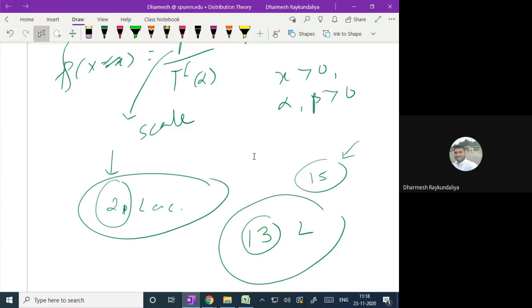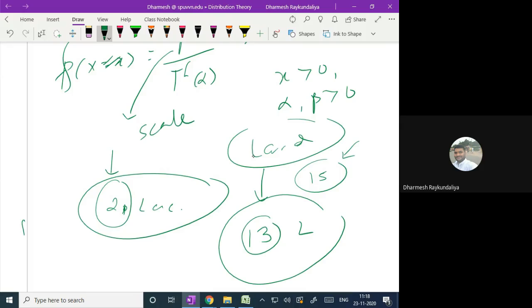Suppose you keep 2 lakh rupees, so how much money is ideally with you? 13 lakh. So you can lend this money to some customer and earn interest.